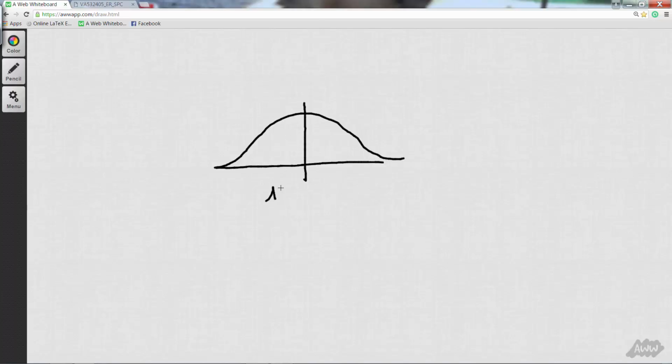Okay, I'm given a problem that says assume women's heights are normally distributed. As soon as I read that, I try to draw a normal bell-shaped curve with a mean of 62.3 inches and a standard deviation of 2.9 inches.